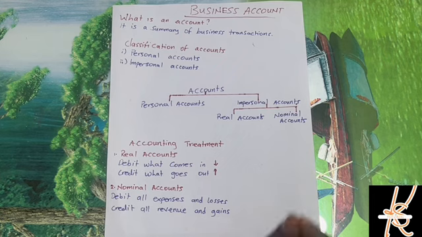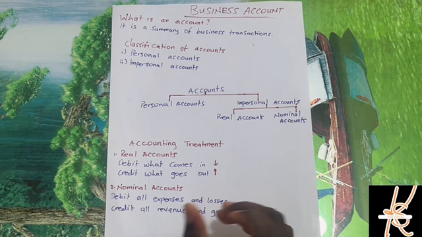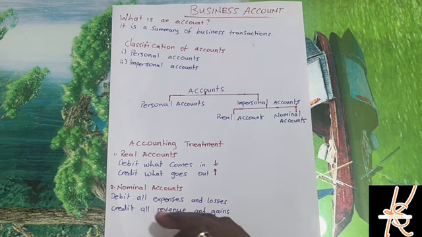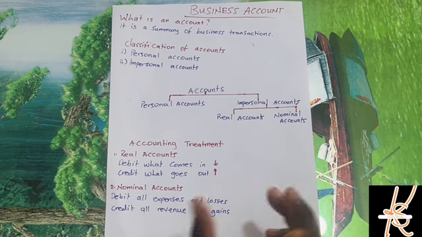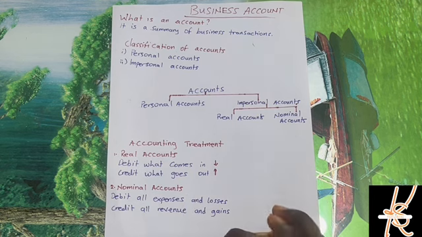So whenever our expenses increase, we have to debit them. It says debit expenses and losses because they have a debit balance. I will explain the debit and the credit later, but we debit all expenses. Let's put that in mind. Whenever we see a nominal account, that's the expenses and the revenue.